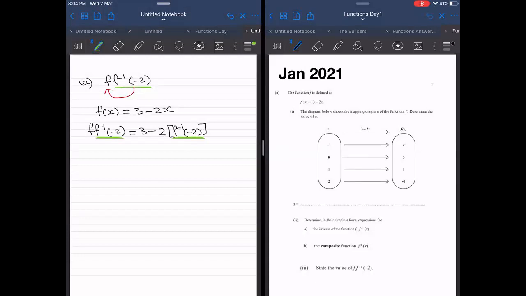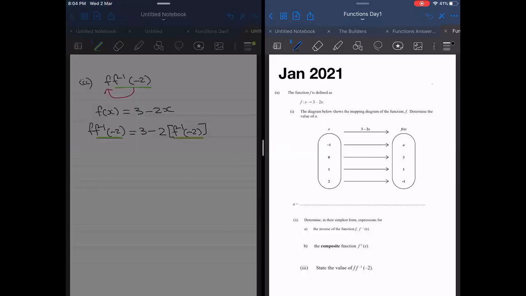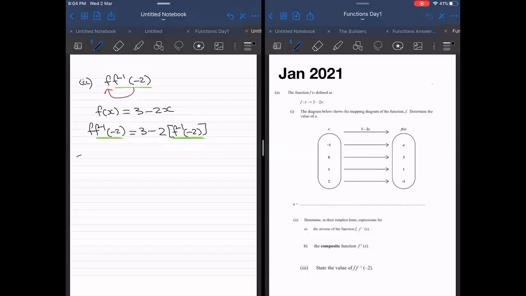Now, rather than making it complicated, I would probably work this to the side. So to the side, you want to go ahead and find f inverse of -2. So remember we had found f inverse, and what did we say f inverse was? We said that f inverse was 3 minus x over 2.